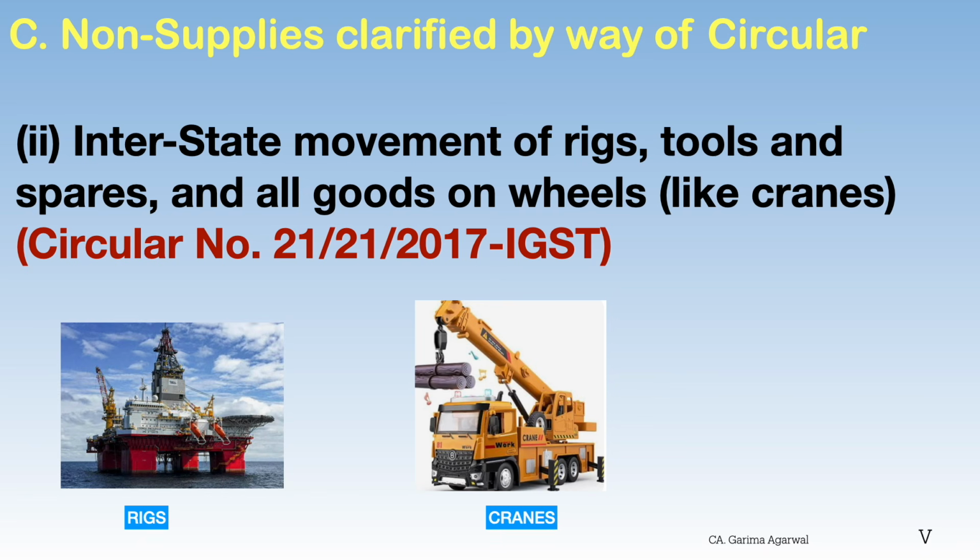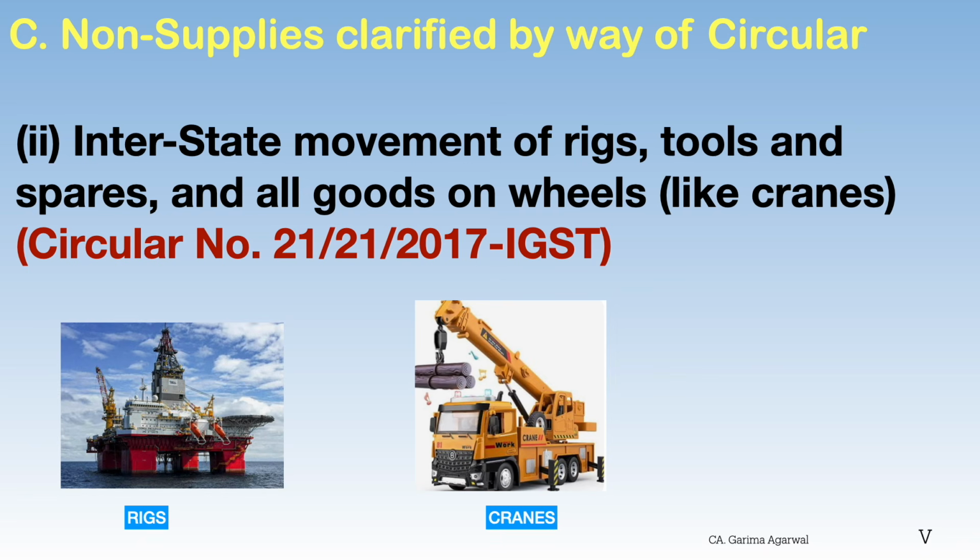So this circular is a straightforward extension of the earlier circular 11/2017 IGST to cover specific category of goods. It clarifies that the same IGST exemption applies to interstate movement of rigs, tools, spares and all goods on wheels like cranes. So it includes certain category of goods also in that circular.